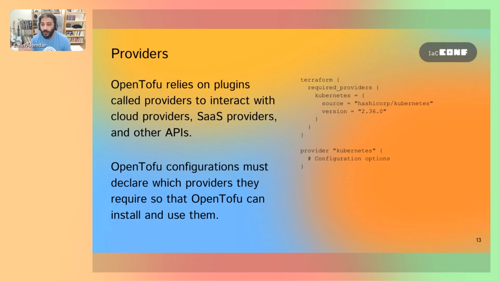And of course, OpenTofu configurations must declare which providers they require so that OpenTofu can install and use them. As you can see in the example, I have my Kubernetes provider there, and I have my version, which version of the provider I want to use in my config.